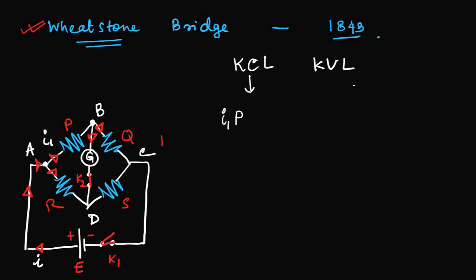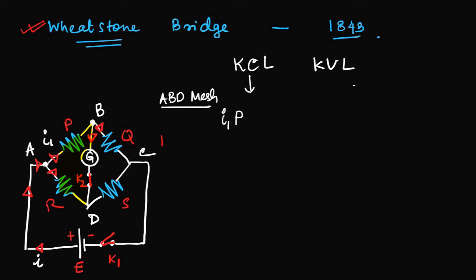Then after that, I'm considering this first mesh. I'm just highlighting it a little bit so that you will also understand the mesh I'm talking about. Okay, ABD. So in the ABD mesh, there are no EMF sources, only current with resistances.